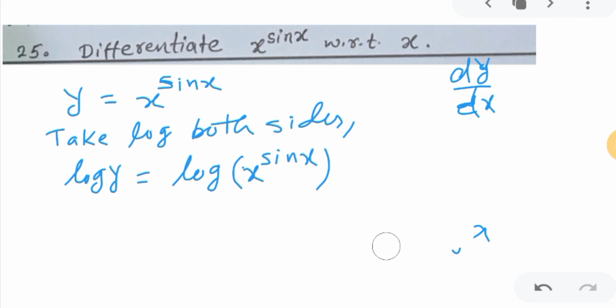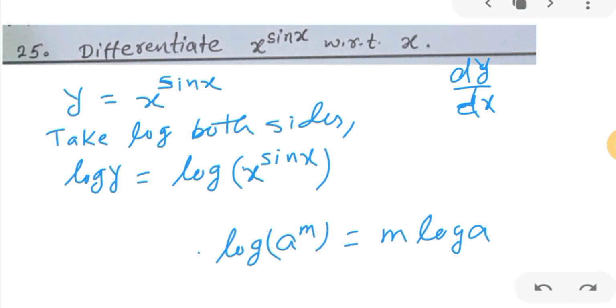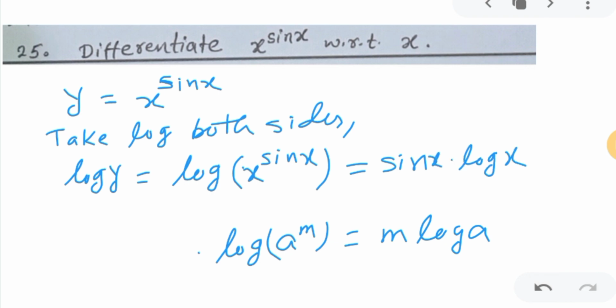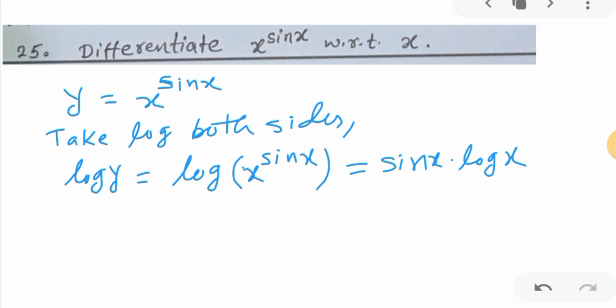So using this formula, you write this as, here m is sin x, so sin x into log x. Correct? So using this formula you did this. Now I will differentiate both sides with respect to x.